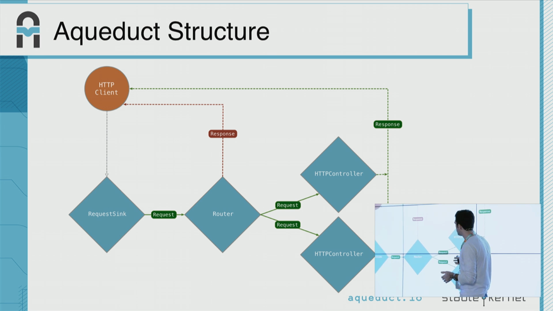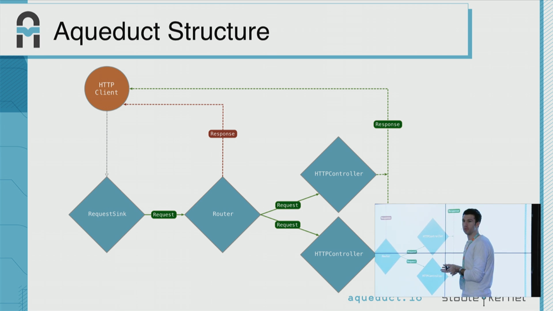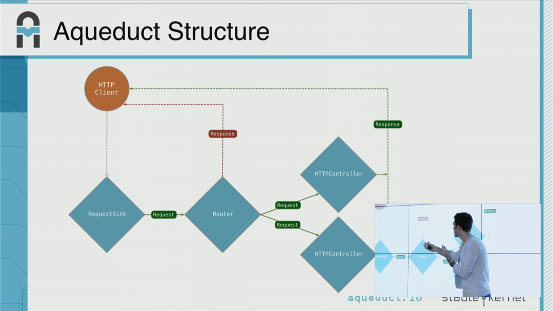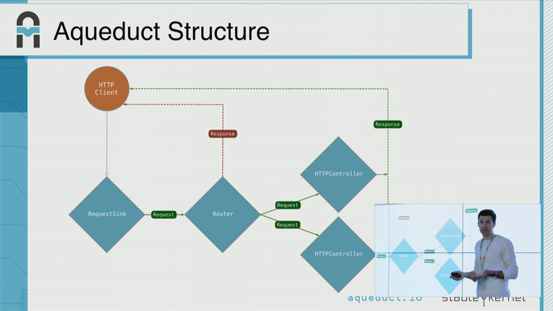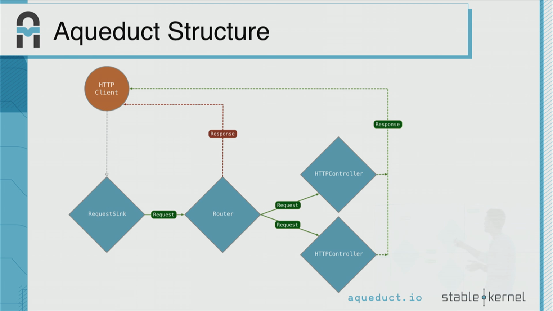Along the way, something might respond to the request, or it might forward it on to a subsequent controller to handle that request. So for example, once the request gets to a router, and there's no registered route for the path of the HTTP request, it'll respond with a 404. If it matches one, it passes it on to the next guy, and that one's responsible for responding to it. Make sense? Pretty standard stuff.